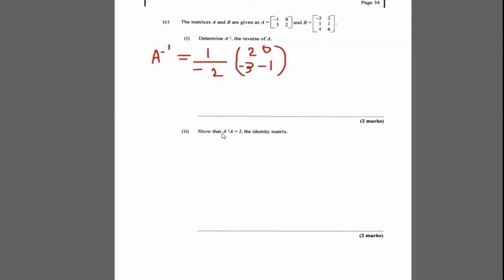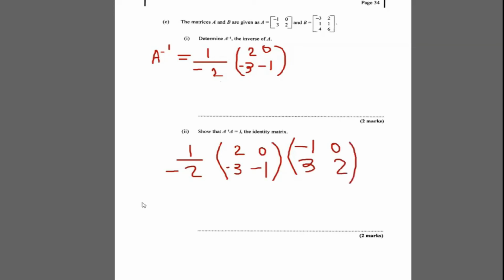All right, now it says show that A inverse times A gives us the identity matrix. So A inverse is 1 over negative 2 times 2, 0, negative 3, negative 1. And when you multiply it by A, matrix A is negative 1, 0, 3, and 2, we're going to multiply them together.